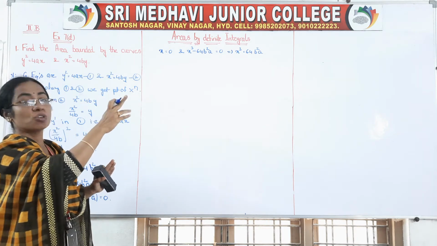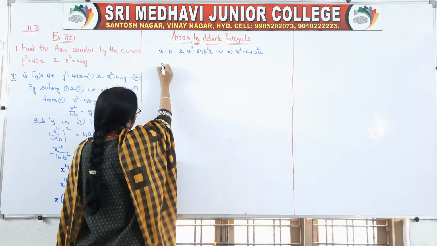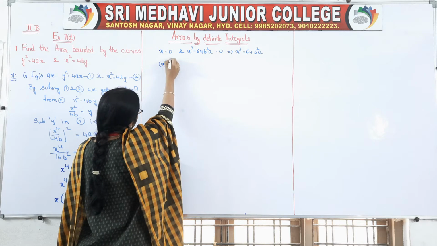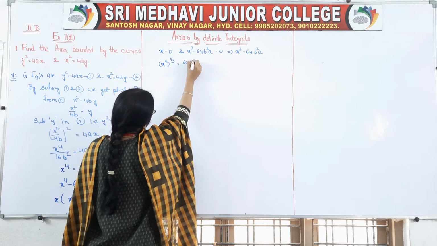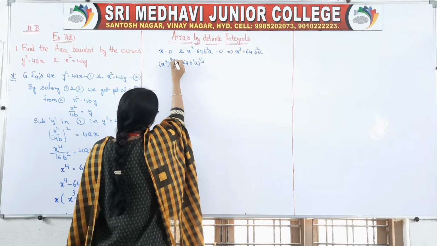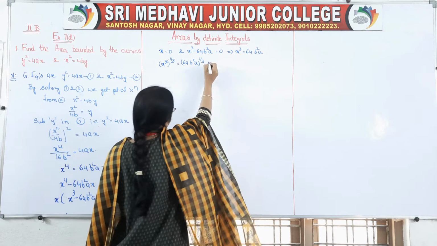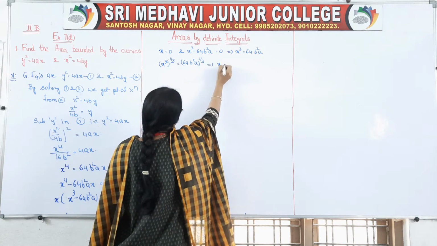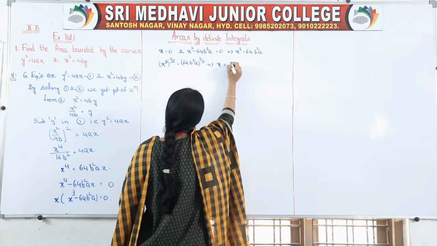So taking cube root on both sides. Then what happens? x cube to the power of 1 by 3 is equal to 64b square a to the power of 1 by 3. This 3 cancels, right? And we can write this as x is equal to 64 can be written as 4 cube, right?